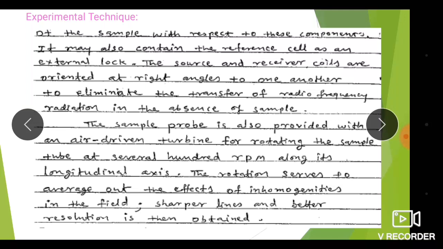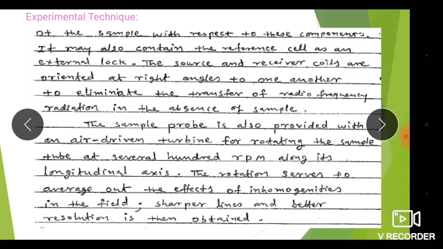It may also contain the reference cell, as an external lock or internal lock. The source and the receiver coils are oriented at right angles to one another to eliminate the transfer of radio frequency radiation in the absence of sample.